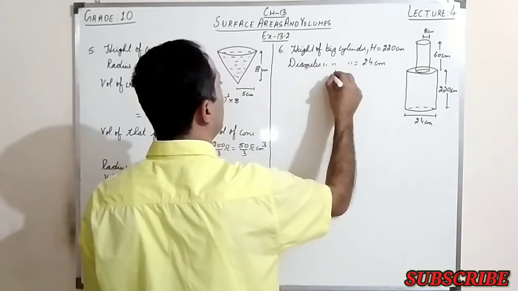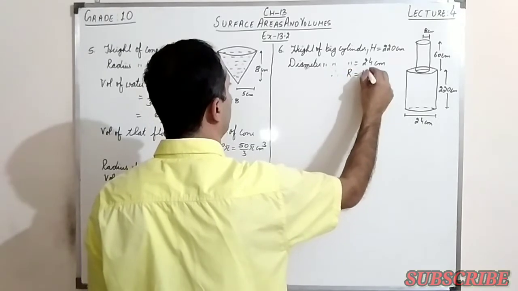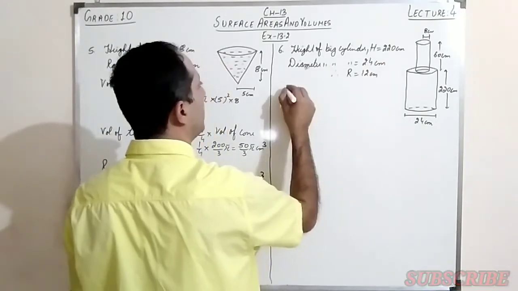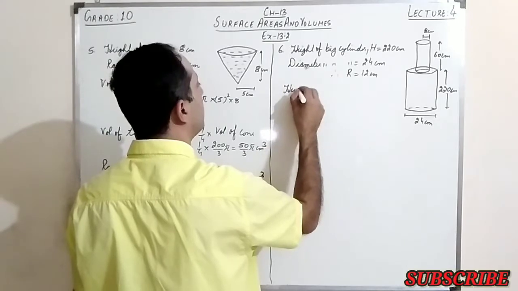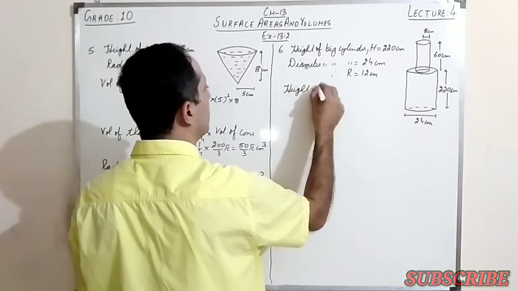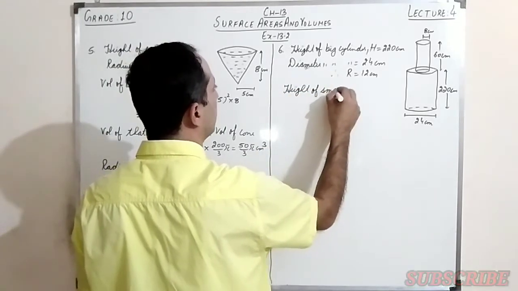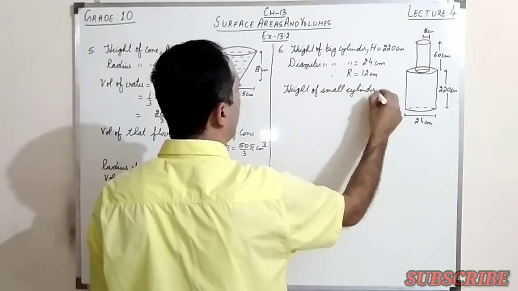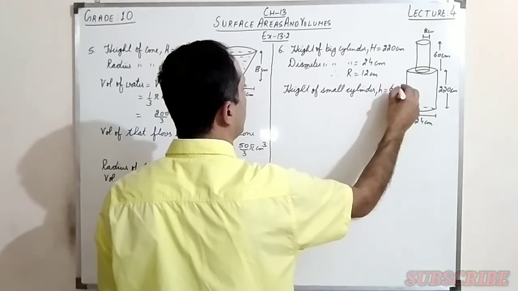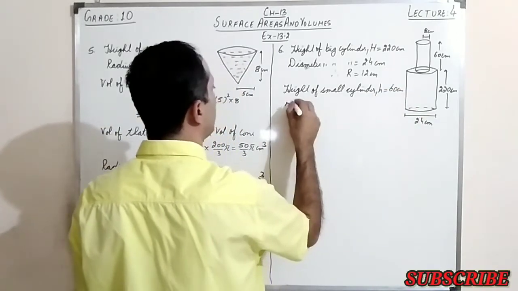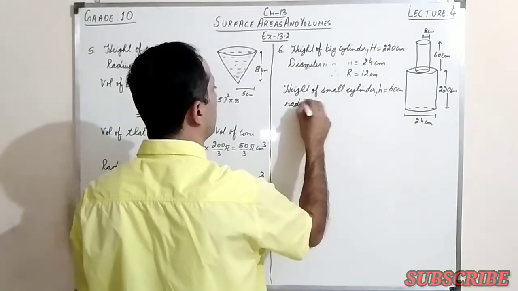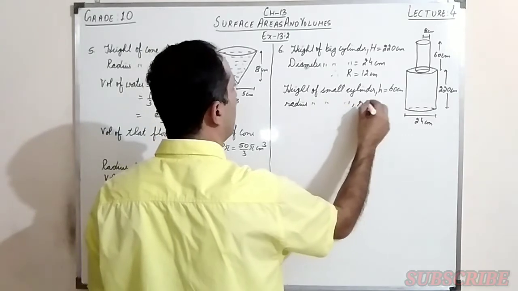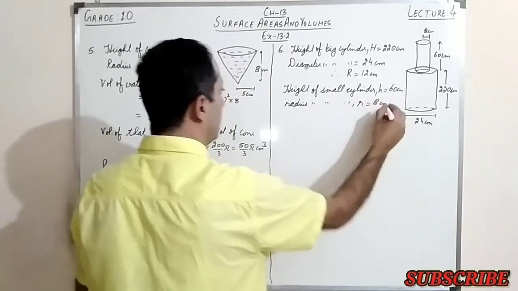So therefore radius here would be 12 centimeter. Same way the height of small cylinder is given as 60 and the radius of small cylinder r is given as 8 centimeter.